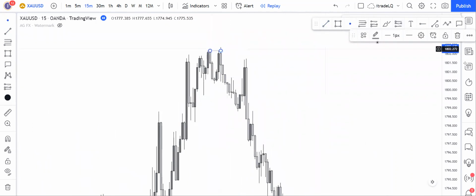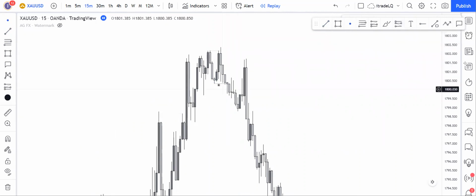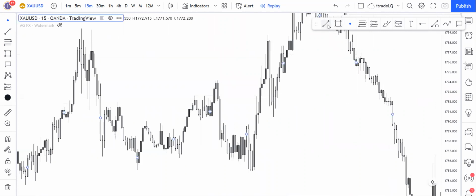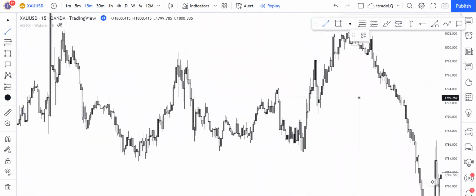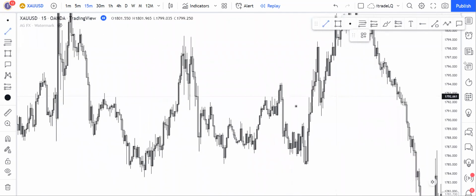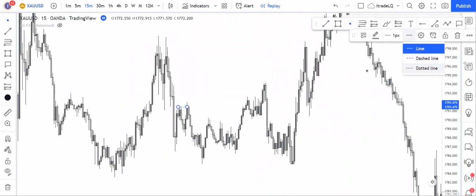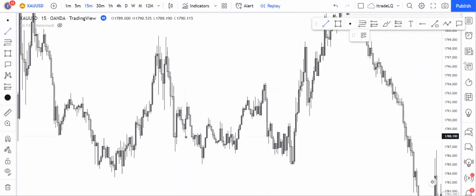Took liquidity, then broke structure. Notice the 3 candle formation right there. Let's go over one more. Right, here. Took out liquidity. Broke structure.